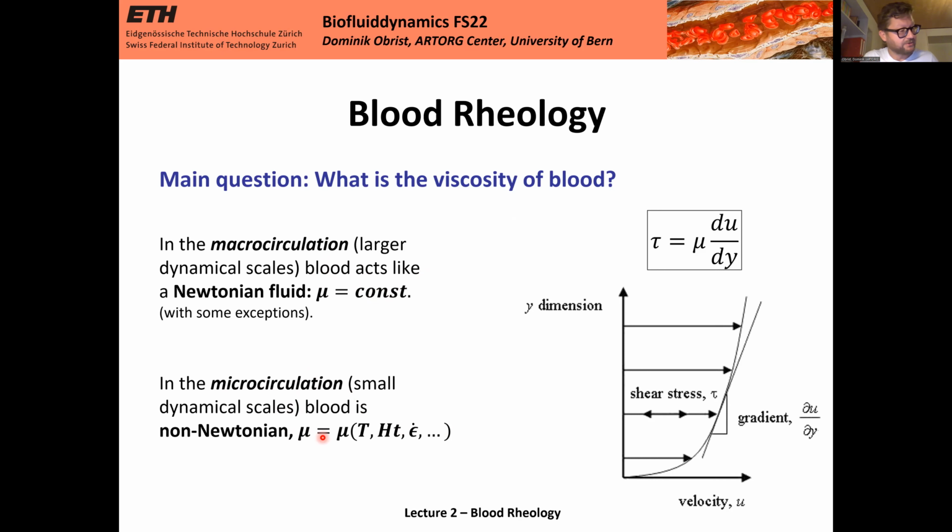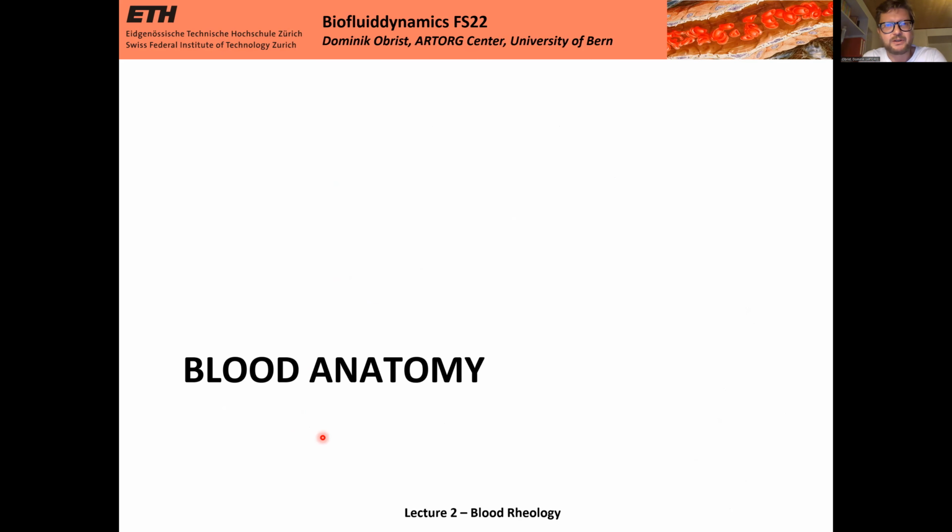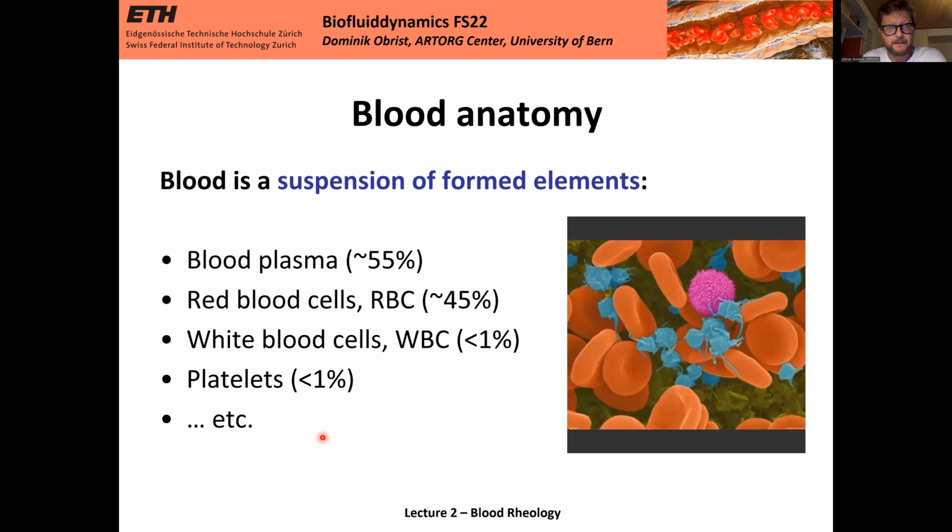But in order to understand all these relationships between different parameters, we should probably first look at the blood anatomy, learn a bit more about what blood actually is. So first of all, blood is a suspension of formed elements. It's a particulate solution, it's a fluid with some particles in it.